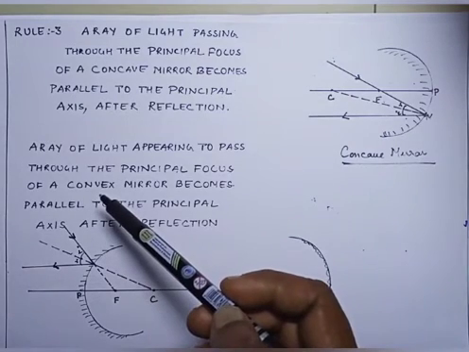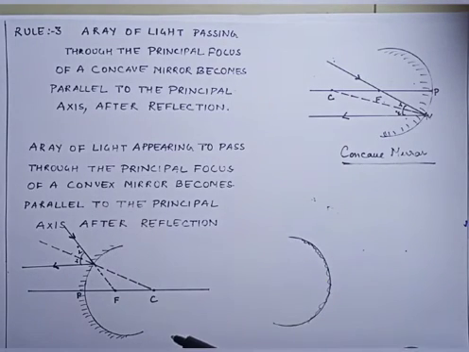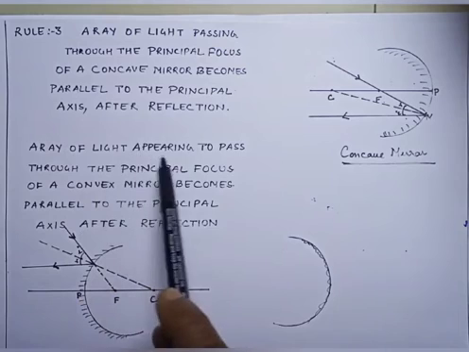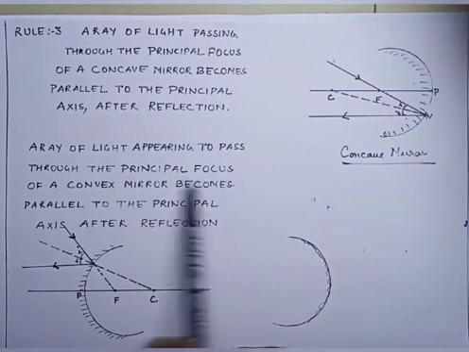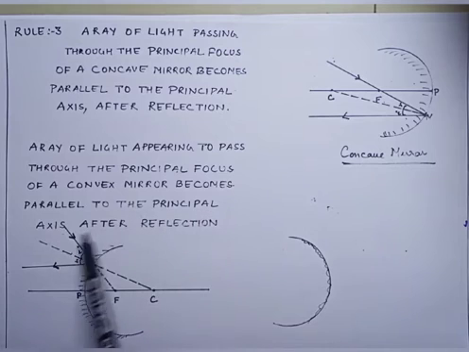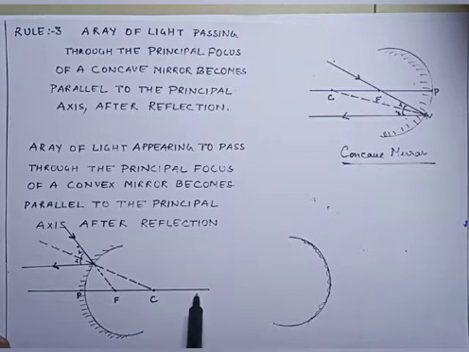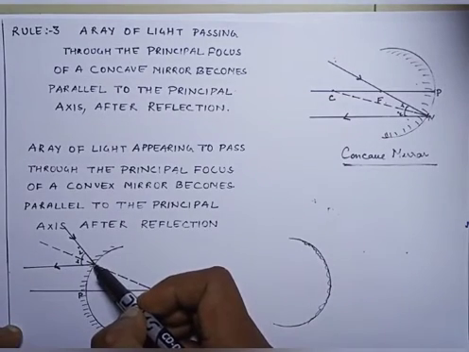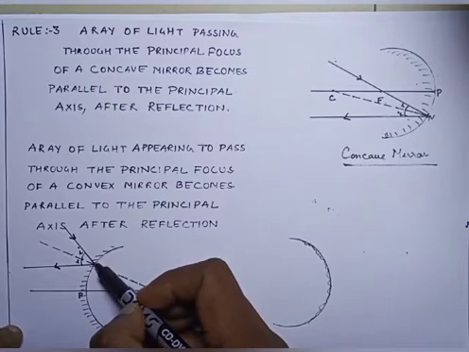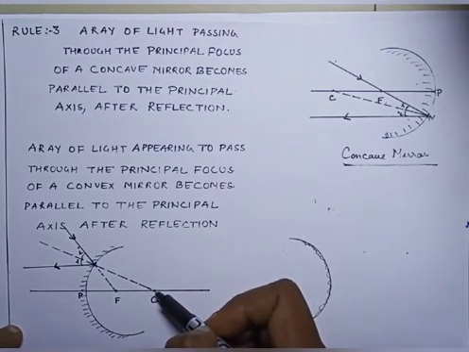Let us move to the same law for convex mirror. A ray of light appearing to pass through the principal focus of a convex mirror becomes parallel to the principal axis after reflection. This is the principal axis. When a ray of light strikes the mirror, a small portion will act as a tangent, and if I draw a normal through this tangent, it will pass through the center of curvature.